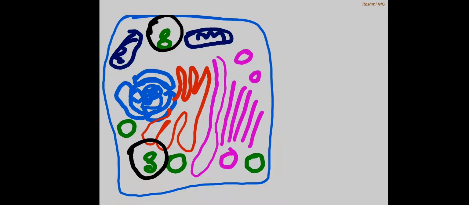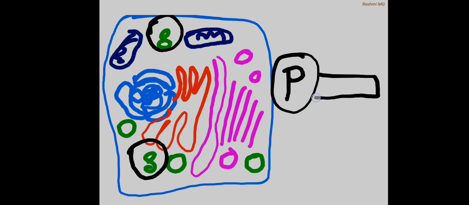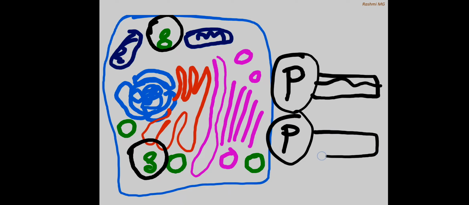This ribosome will produce or synthesize proteins. I'll write P as a protein, and this protein is to be transported to different types of organelles here. Why? To perform different functions. Obviously the protein will be having a different type of sequence as its tail.